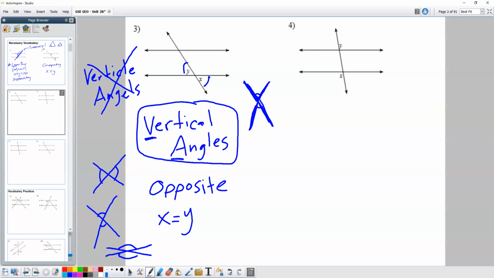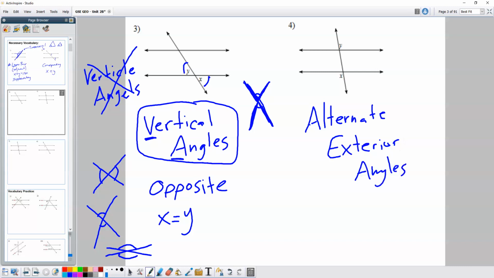Number four, these are alternate exterior angles. Alternate meaning they're on the opposite side of that transversal, and exterior meaning they are outside of the parallel lines.